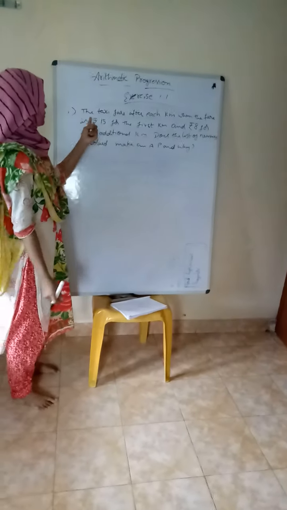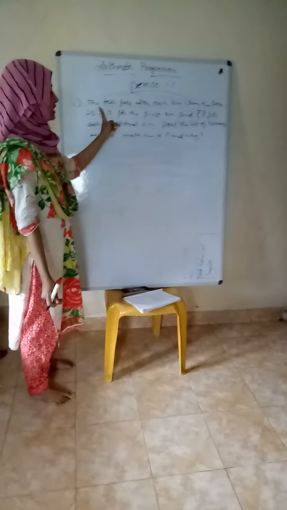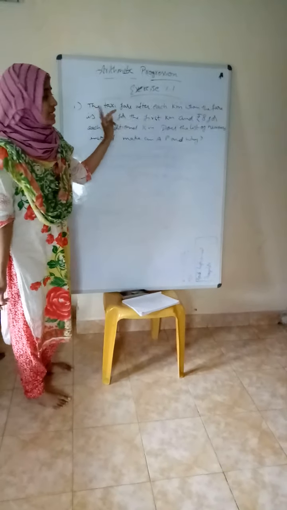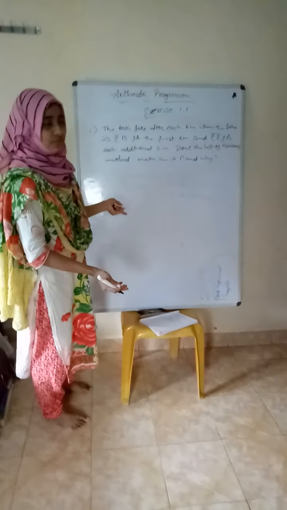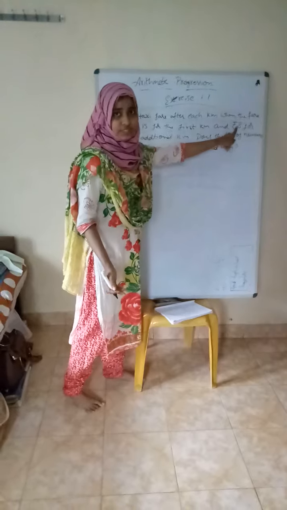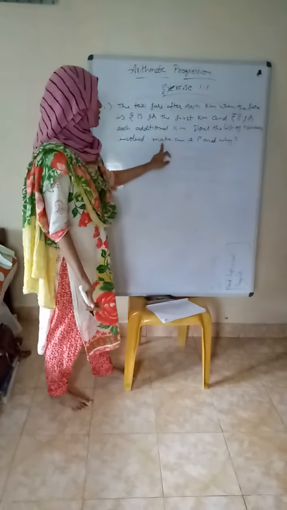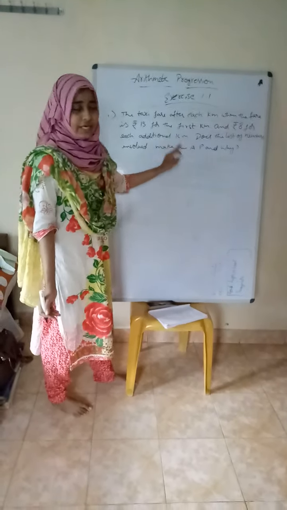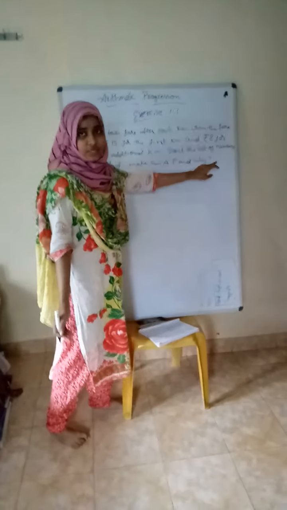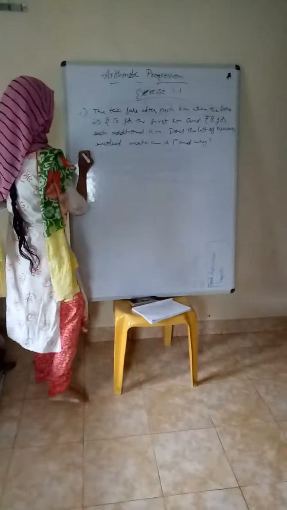So what it means is, if you are traveling in a taxi for 1 kilometer it charges rupees 15, then for each next kilometer it goes on adding rupees 8. They have asked, does the list of numbers involved make an AP, and you have to say why. So let me write how.